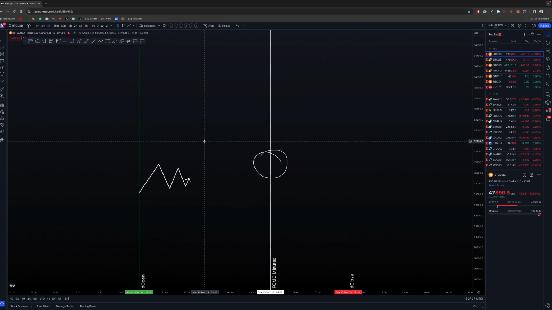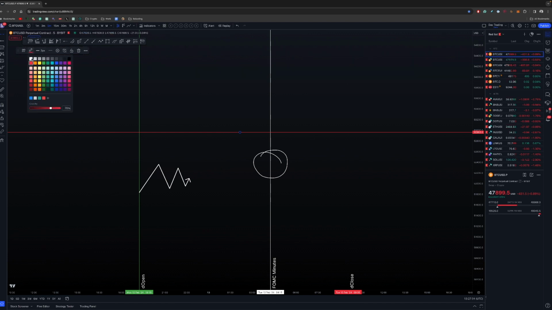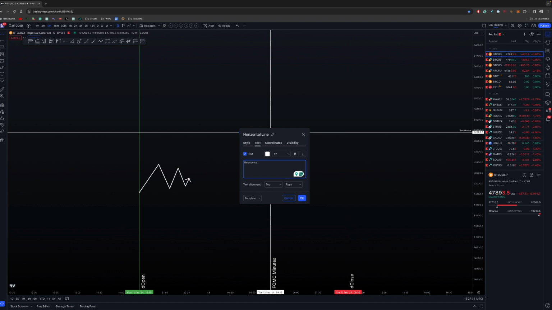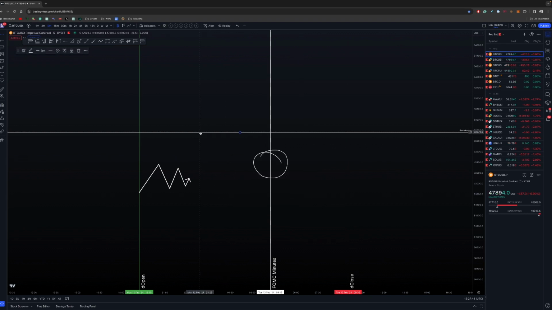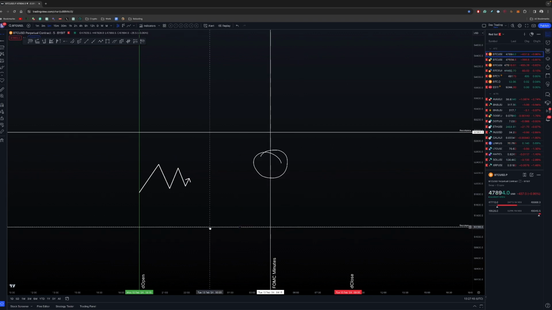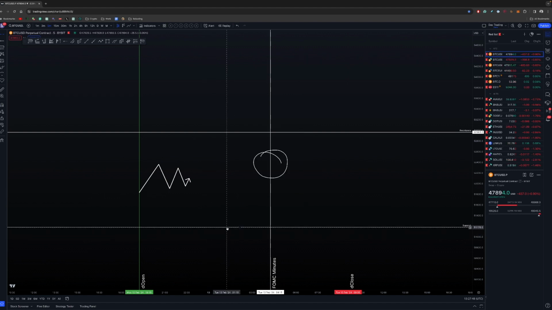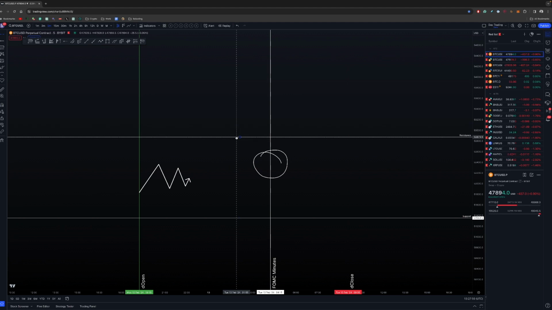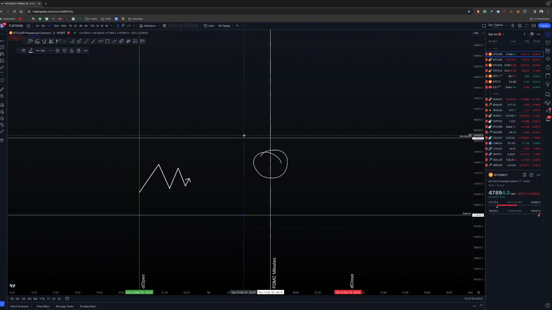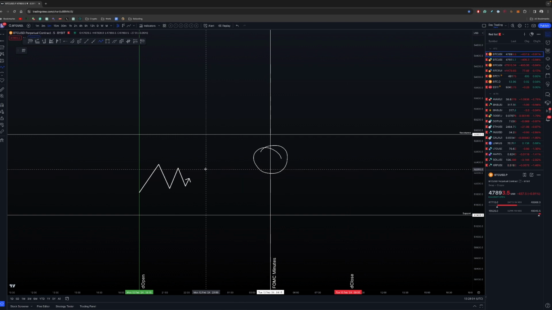Now, why was that? Let's say we have a horizontal resistance here. I'm just going to mark those out in white. Resistance and support here. So as we're trading, we just wait to see where price goes. But I noticed that my most powerful trades were always during this.